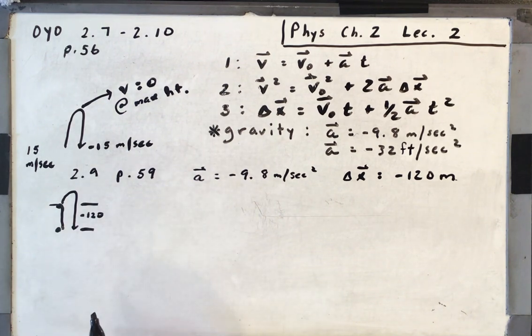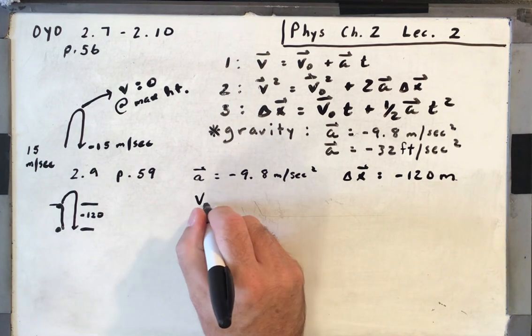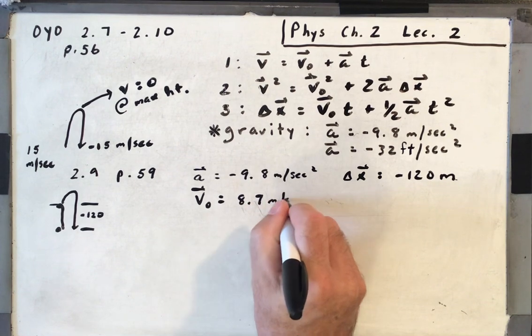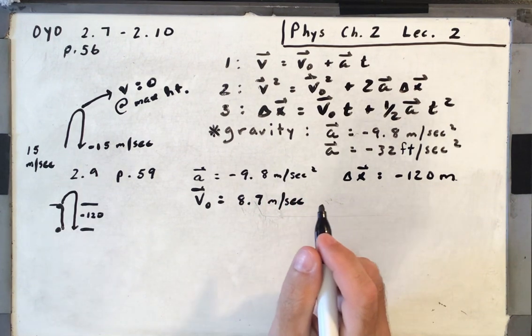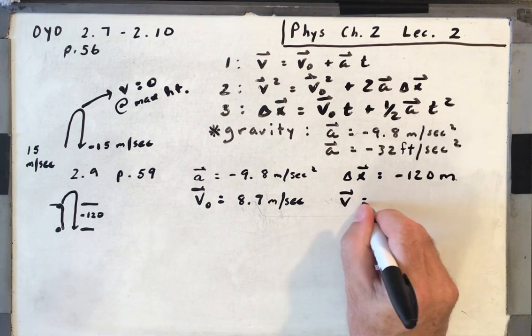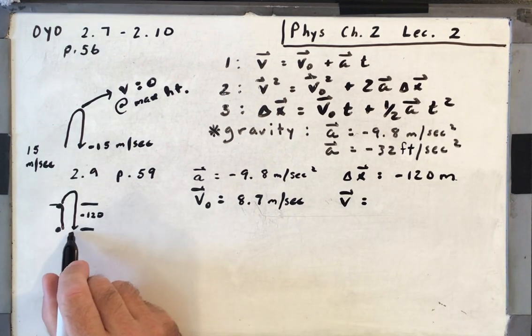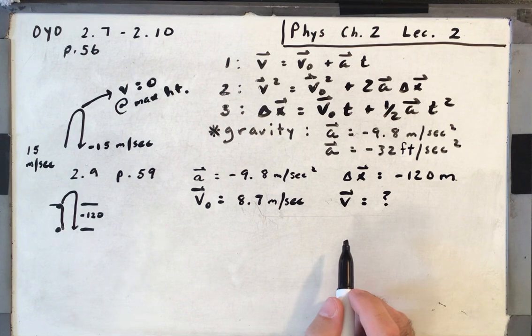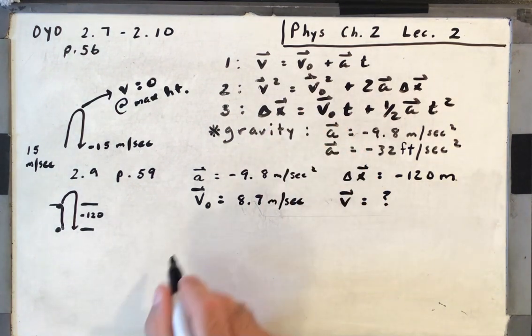We know initial velocity, you threw it up at 8.7 meters per second. We want to know the final velocity. And it's not 0. What I'm talking about is the instant before it hits the ground. Well, we don't have time, so the equation that you use when you don't have time would be equation number 2.